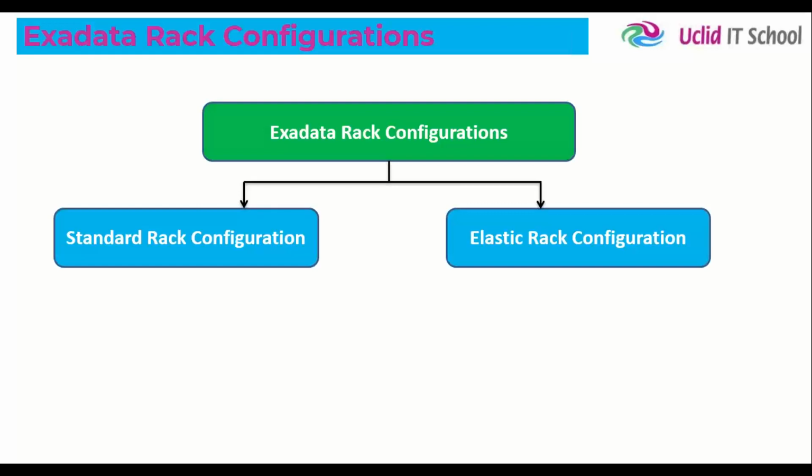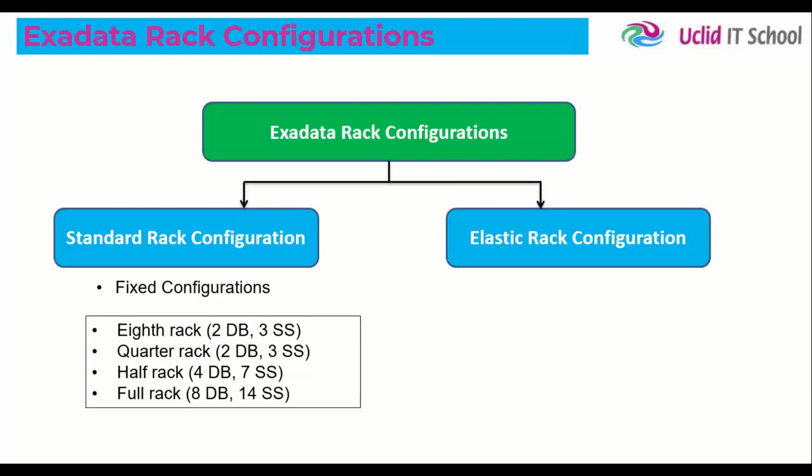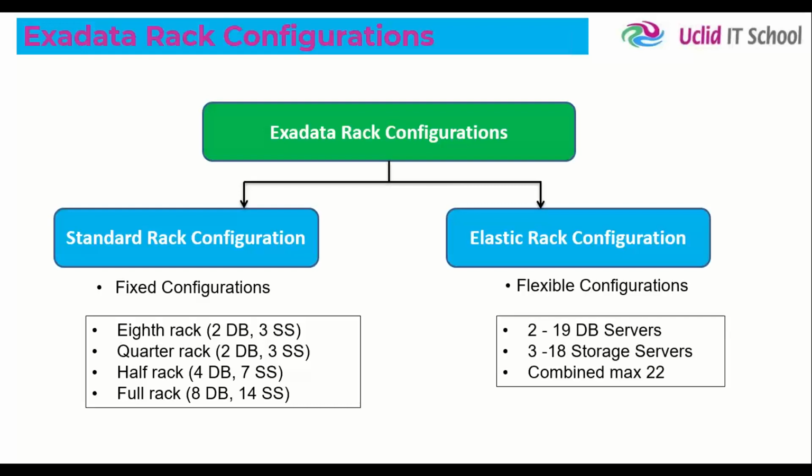So what is a standard rack? What is an elastic rack? So let us discuss. Standard rack, as the name indicates, is a standard configuration, a fixed configuration. Elastic rack, as the name indicates, is an elastic configuration, a flexible configuration. So that is the difference. When you purchase a standard rack, it comes with a fixed configuration.